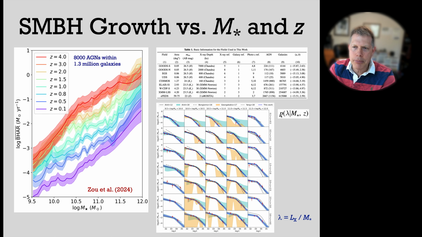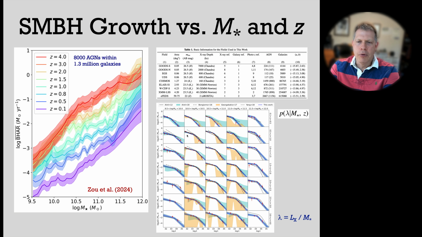This shows the probability of a supermassive black hole having a given sort of Eddington ratio, where that quantity is defined as the X-ray luminosity divided by the stellar mass of the galaxy, given a galaxy's stellar mass and redshift. And you can see here basically this probability function as a function of redshift and as a function of galaxy stellar mass. And this is additional information encoding a tremendous amount of information about how supermassive black holes are manufacturing themselves.